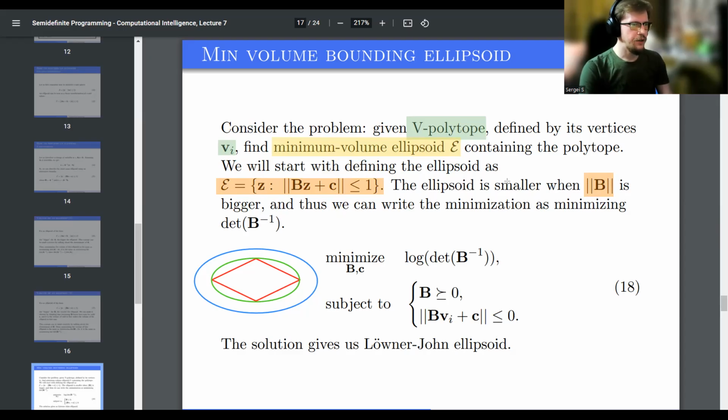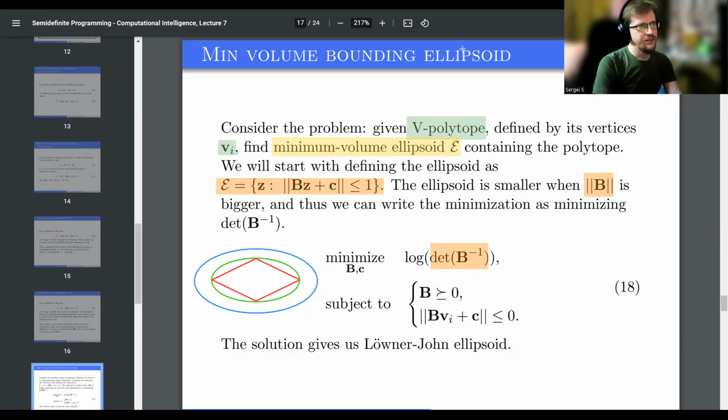So we want to maximize the determinant of B, which is the same as minimizing the determinant of B inverse, so A, right? But we don't have A here, so we'll stick to B.